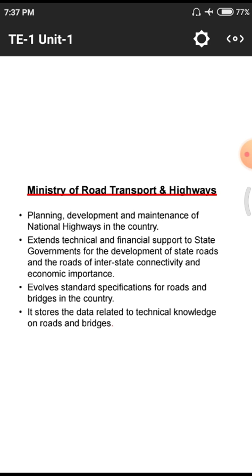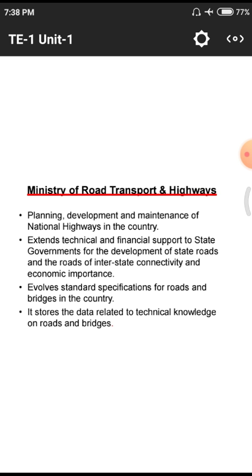First one is the planning, development and maintenance of national highways in the country. In the previous slides we saw the 20-year plans, that means 1920 to 1940, 40 to 60, 60 to 80, those are 20-year road development plans.